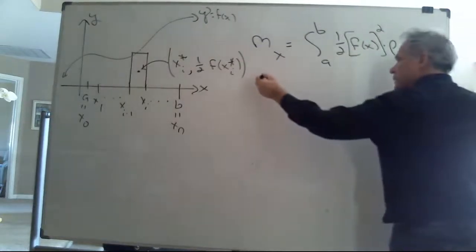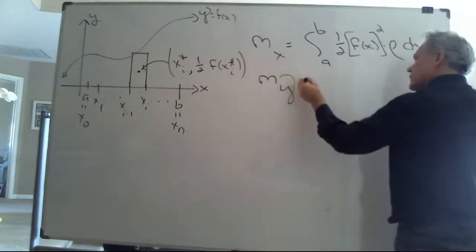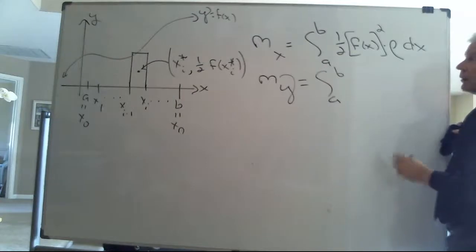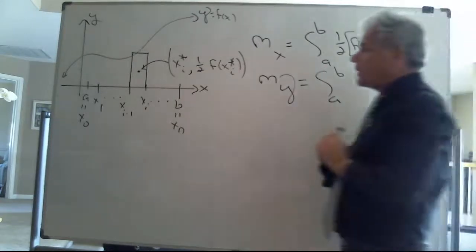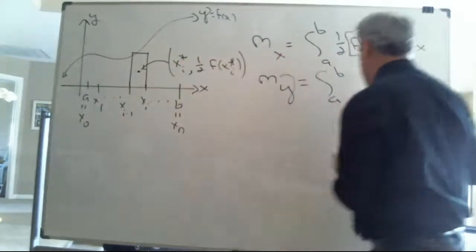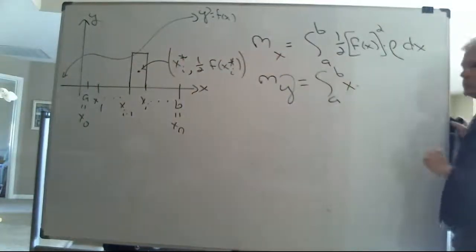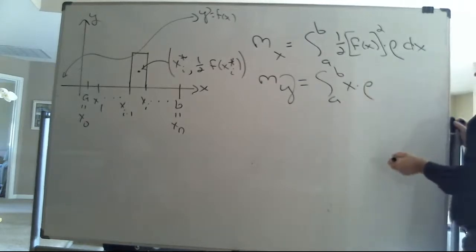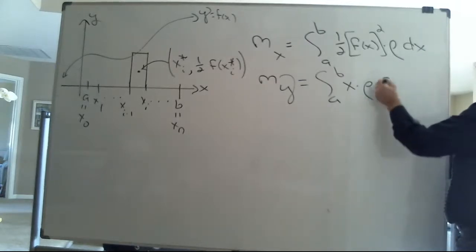Now, I think likewise the moment with respect to the y-axis is going to be some integral. Now, yet again, let's talk about the distance I am from the y-axis. My distance from this point to the y-axis is just the x-coordinate. Mass isn't going to change. It's still density times the area, which is this.